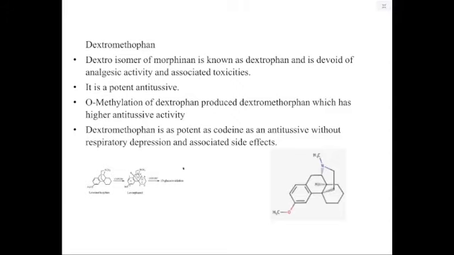O-methylation of dextrorphan produces dextromethorphan, which has a higher antitussive activity, as now this is a drug that resembles codeine because you have changed the hydroxyl group to a methoxy group. Again, remember, changing hydroxyl to methoxy increases lipid solubility. The drug penetrates the membranes much faster, and it can bind the antitussive receptor, which is different from the analgesic receptor. That receptor seems not to require a free hydroxyl group. A methoxy group is good enough.